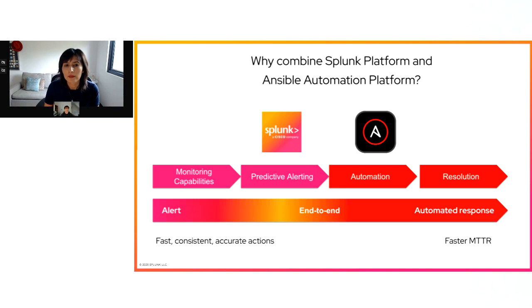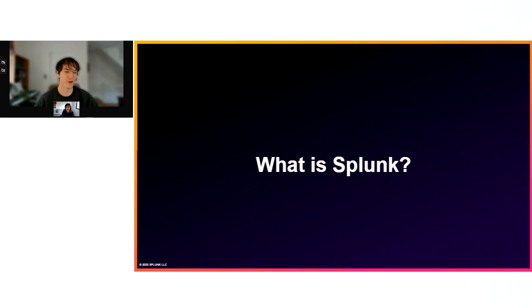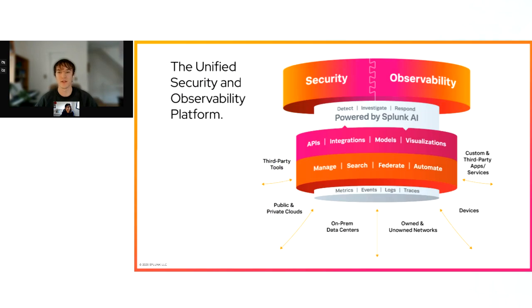Exactly. So you all already know what exactly Splunk is, or you wouldn't be here today, of course. But let's think about it in the context of the solution that we've built. So Splunk gathers the metrics, traces, logs, and events that you need to decide when and what actions to take.